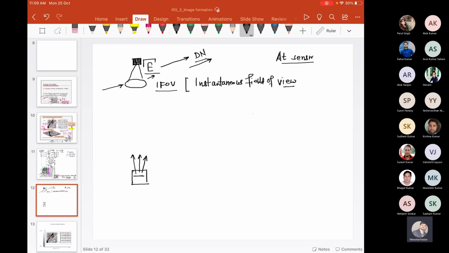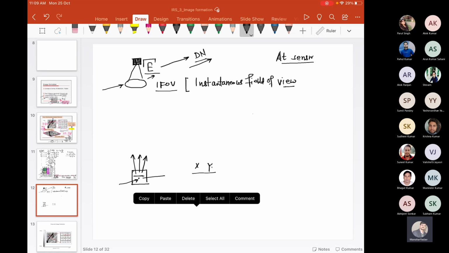Finally, what is there once the image is acquired? If you see the soft version of the image, there is the XY position of this ground resolution cell, the planimetric location.